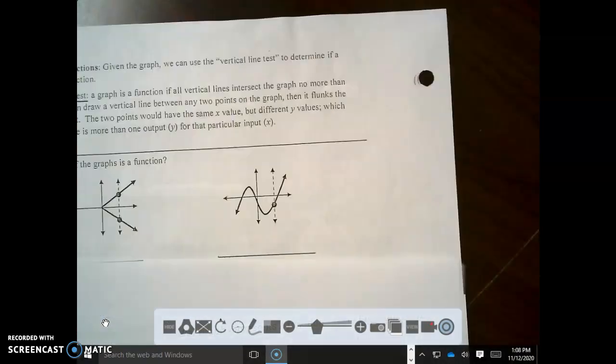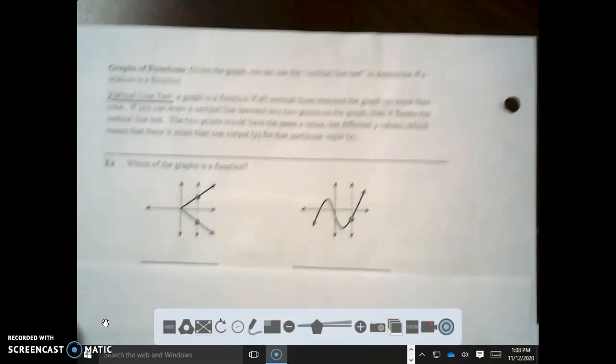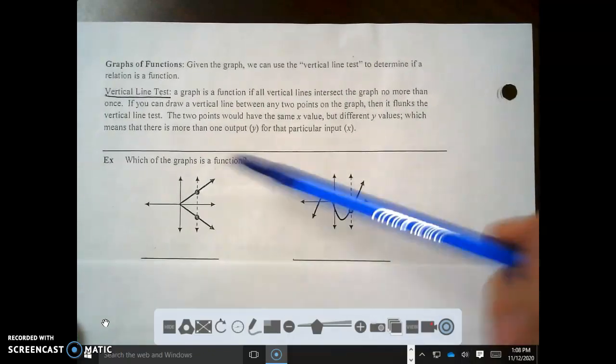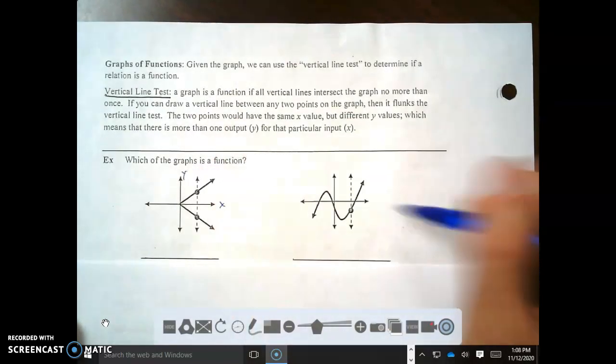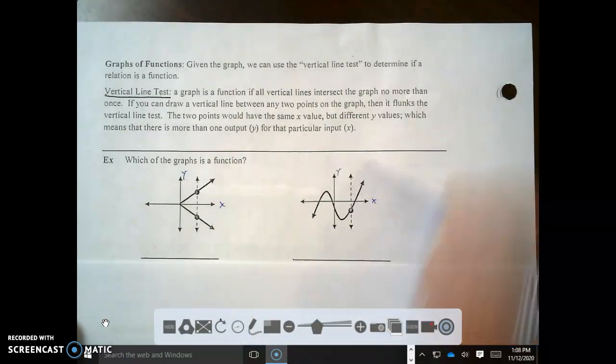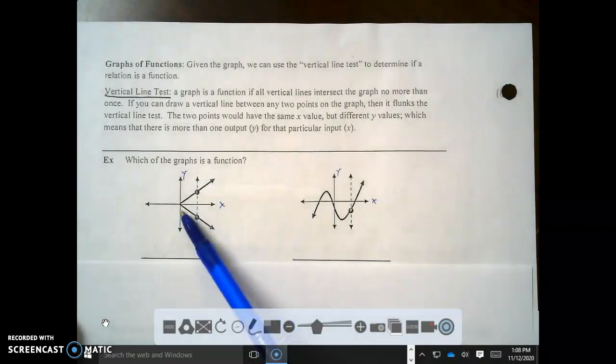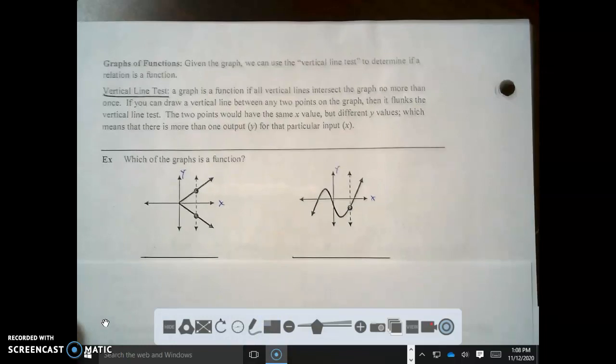So finally, we have to be able to tell if a graph is a function. Well, there's something called the vertical line test. And all you do is draw a vertical line. Oh, by the way, this is the x-axis. That's the y-axis. Sometimes it gets a little confusing looking at that. This is actually the graph, that V that's sideways.